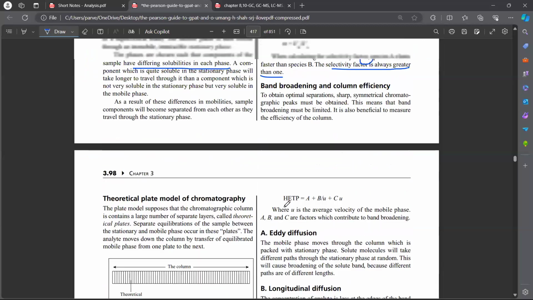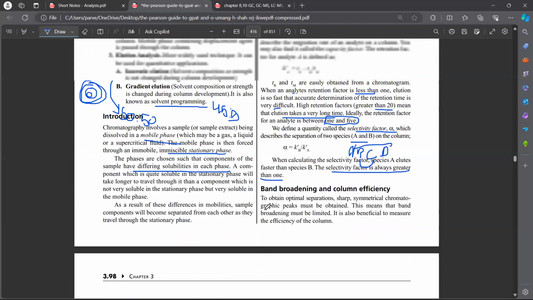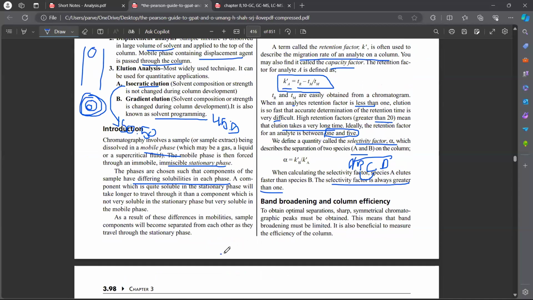Next, another important thing is the peak which we get. The peak in chromatography should be sharp in nature, should have sufficient intensity, and should not be broad, because broad peaks can indicate poor column efficiency.